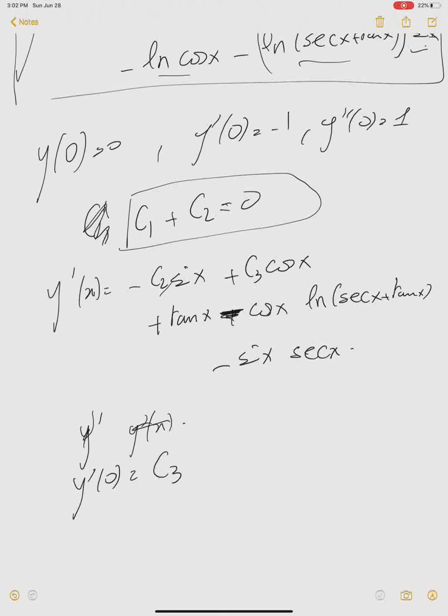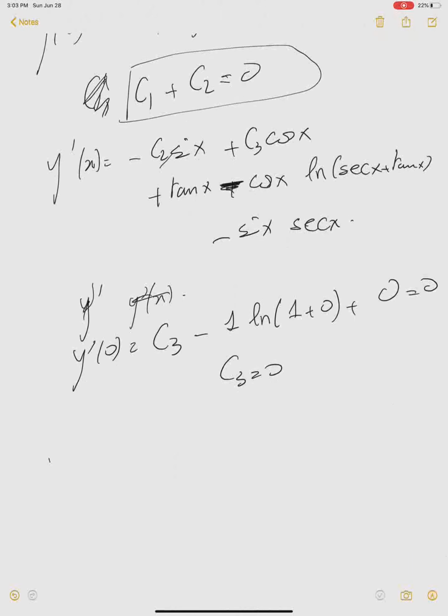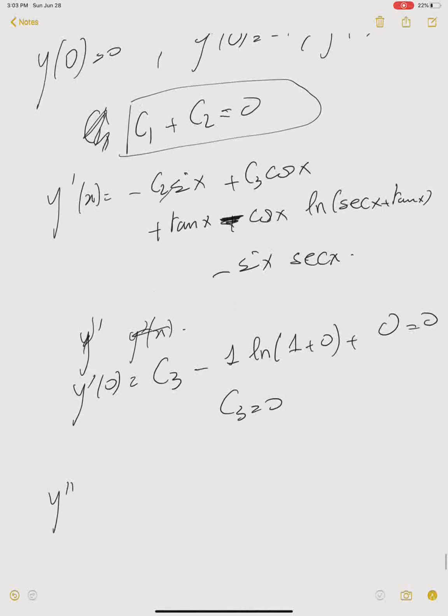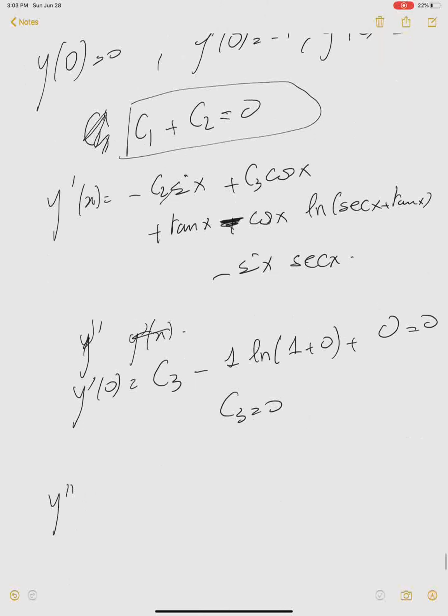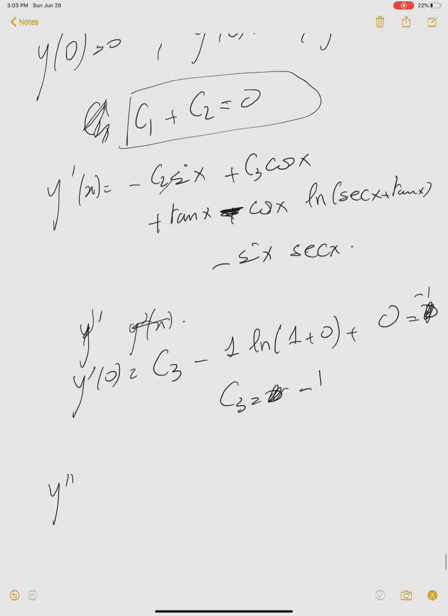Tangent 0 is 0, minus cosine 0, which is 1, times log of secant 0, which is 1, plus tangent 0, so plus 0, plus sine 0, so this is 0, and this is equal to 0. So I got that C3 is 0. Now y prime of 0 is minus 1. Thank God. So C3 is minus 1.